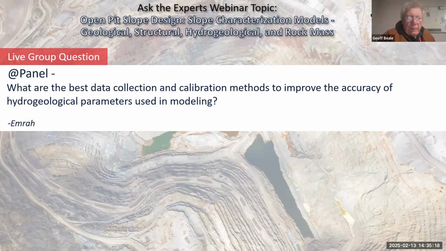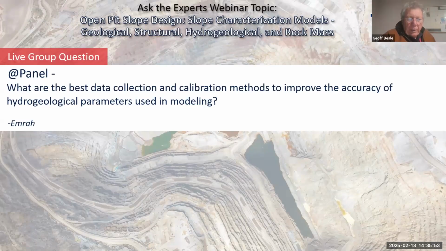And of course, let's never forget that the open pit actually becomes a large scale pumping test. So if you mine the open pit and dewater the open pit, observations in your piezometers and variations in the behavior of your piezometers around the pit walls will tell you how the different materials respond to dewatering or depressurization, and will be a great method to help you characterize each of the units.